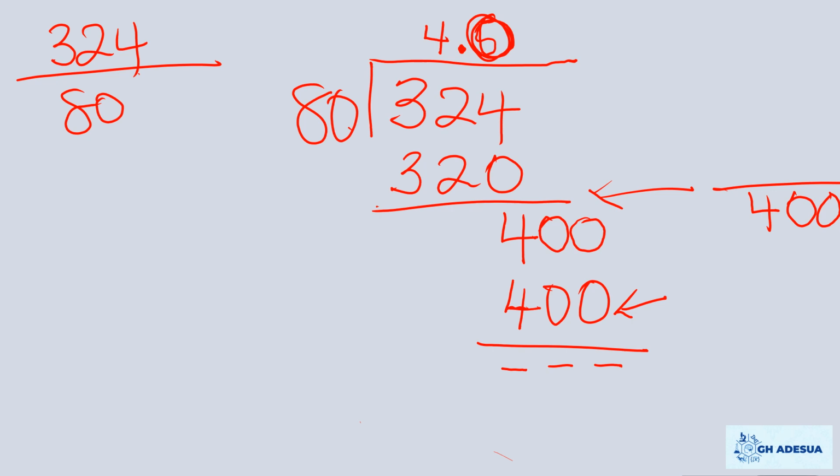Is that okay? I'm talking to Equia. So Equia is wrong, right? So 80 to 400 now can be 5. So that your answer is 4.05. Is that okay?